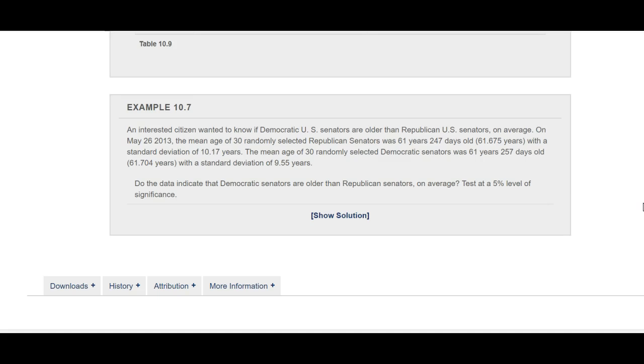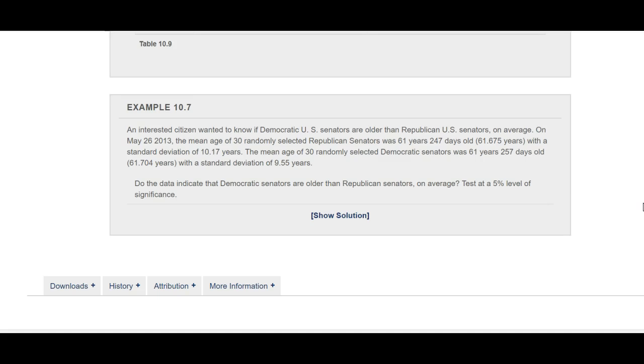On May 26, 2013, the mean age of randomly selected Republican senators was 61 years and 247 days old, or 61.675 years, with a standard deviation of 10.17 years. The mean age of 30 randomly selected Democratic senators was 61 years, 257 days old, with a standard deviation of 9.55 years.